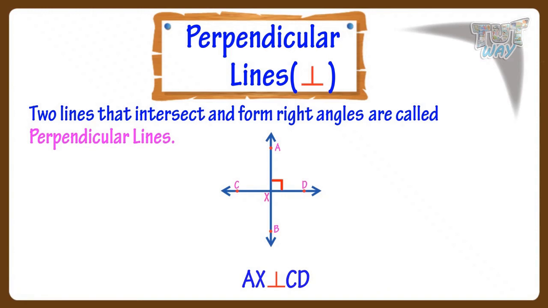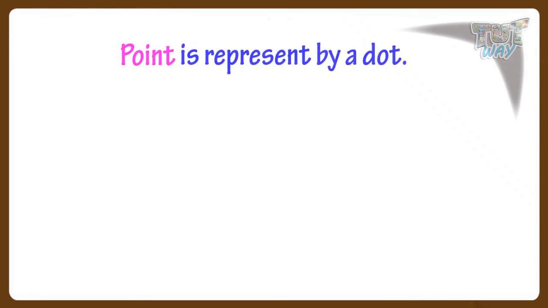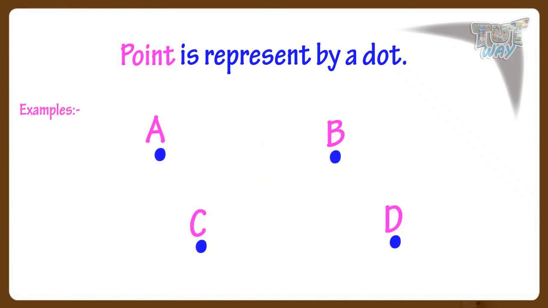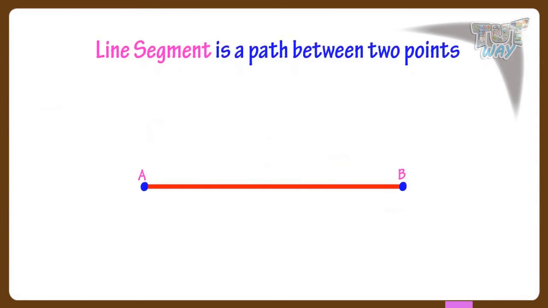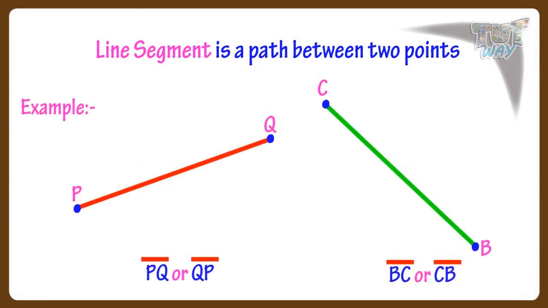So kids, today we learned that a point is represented by a dot, and it is named with a capital letter. These are examples of some dots. We learned a line segment is a path between two points. It is represented by a bar above the line name. These are examples of line segments.